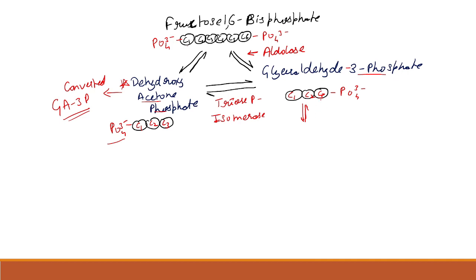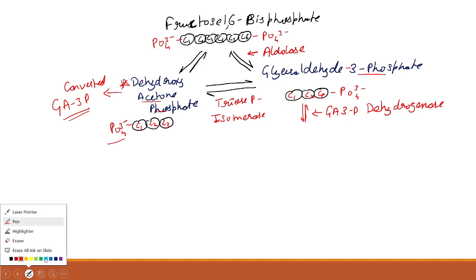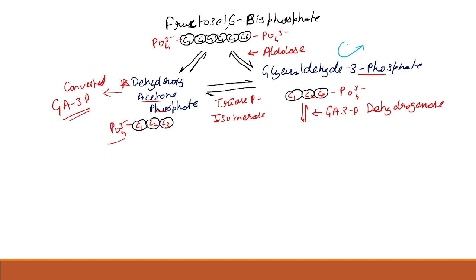So now what's going to happen is one enzyme will come which is known as glyceraldehyde 3-phosphate dehydrogenase. Dehydrogenase means a hydrogen ion is being removed. From where is the hydrogen ion being removed? A hydrogen ion is taken from glyceraldehyde 3-phosphate, and NAD+ converts into NADH by extracting a hydrogen ion from this molecule.